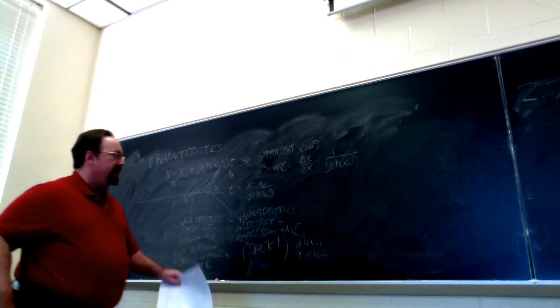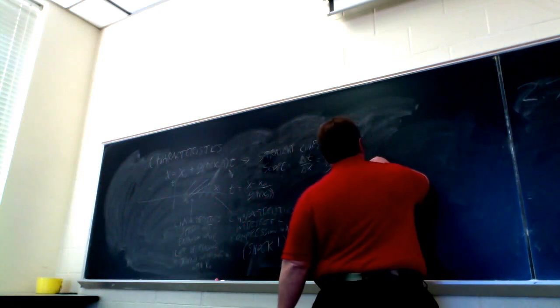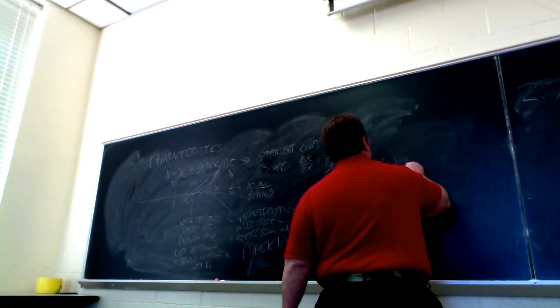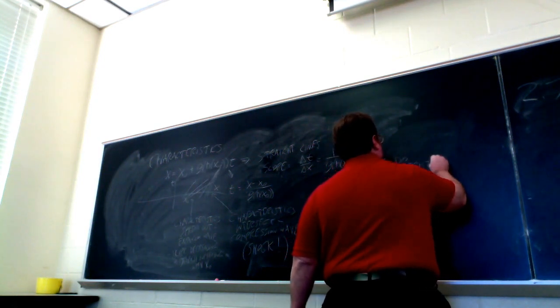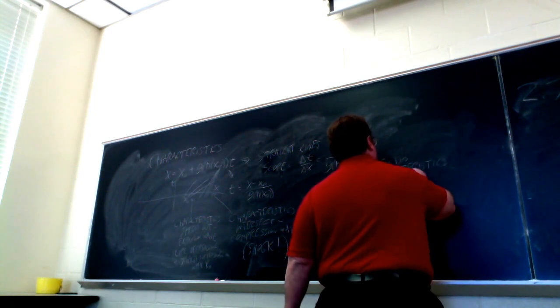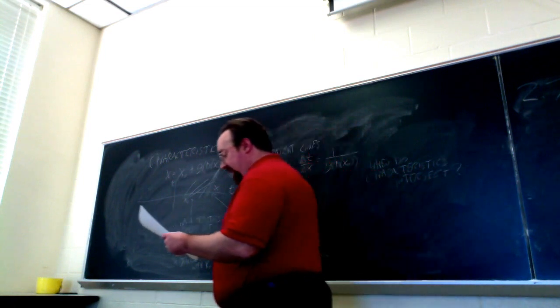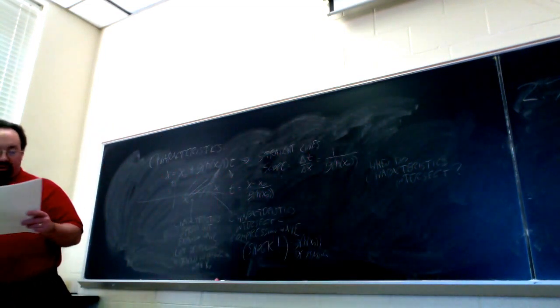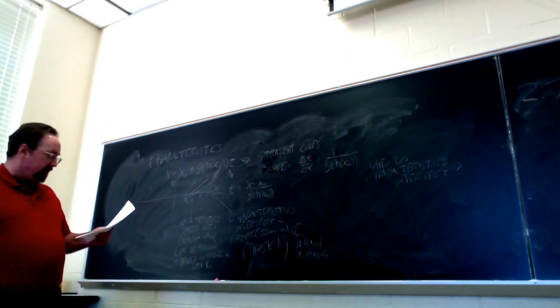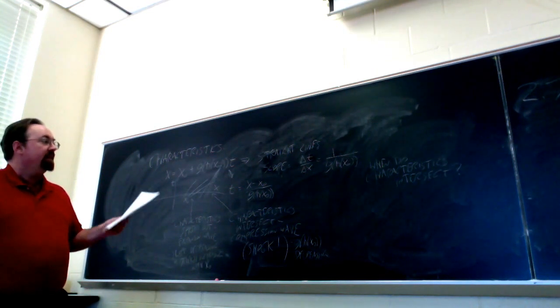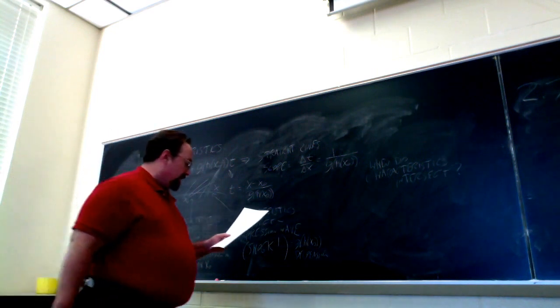Now the question we can answer is, when do the characteristics intersect? Because that's when we know we have a problem. So the way that you can do that is we can actually take a look at du dx.